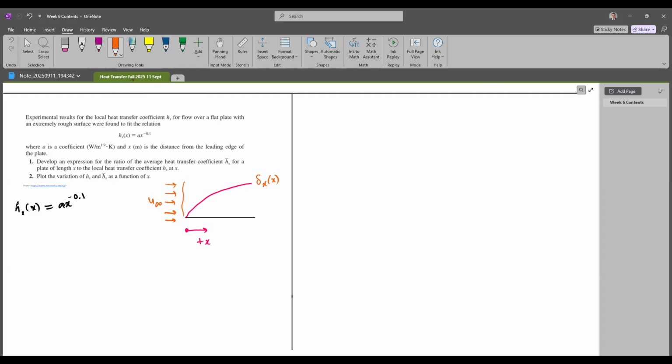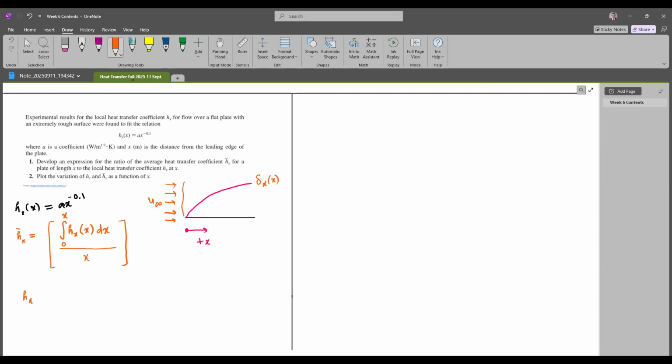Now they're asking us to first of all calculate what is the average heat transfer coefficient hx bar, right? So hx bar would be, and the plate's length is x meters, so it would be integration of hx as a function of x dx integrated over 0 to x and divided by x, right? This is how you average out the function.